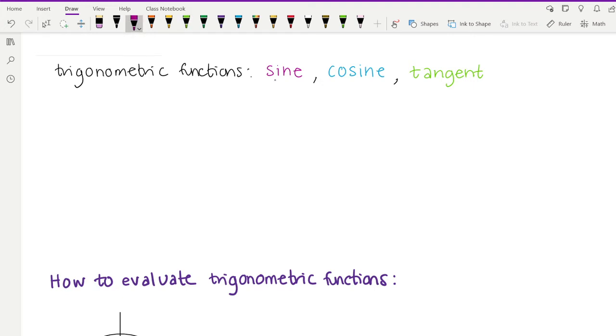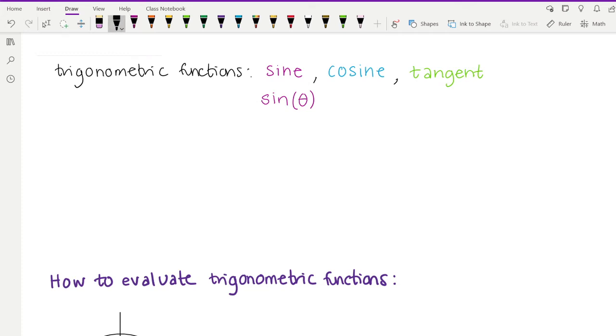And we're going to be abbreviating them. The way that we're going to be abbreviating each of these is that when you're taking sine of an angle, and I'll get to what I mean by that in a moment, you can just write SIN. So SIN is the abbreviation for sine. Sine is the full name, SIN is the abbreviation. When you're evaluating sine, cosine, or tangent, you're evaluating it of an angle, and that's why I wrote sine of theta.